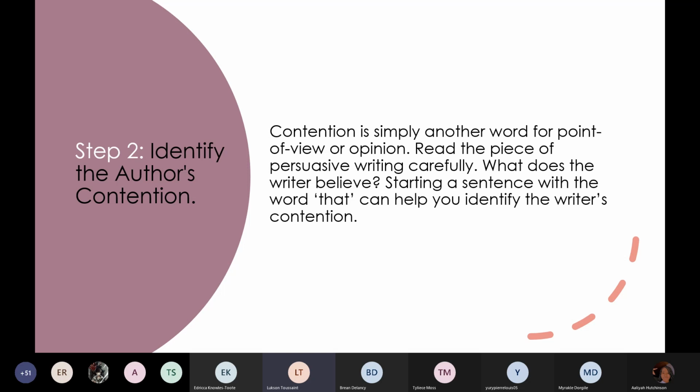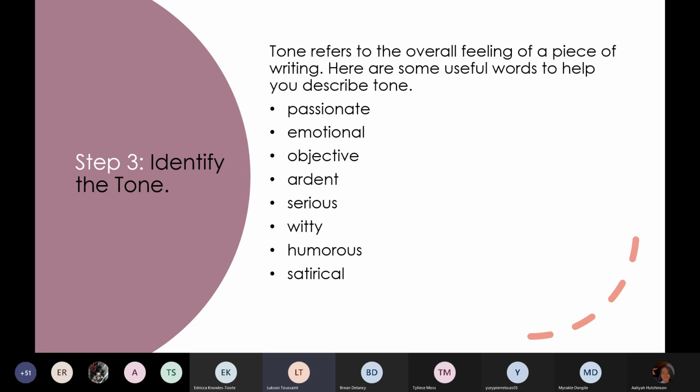Starting a sentence with the word "that" can help you identify the writer's contention. In everything when it comes to persuasion, the author has something they're trying to persuade you into believing or doing, and as a reader or a good listener, you're trying to pinpoint what exactly is their particular stand on an issue, and that is the author's contention.